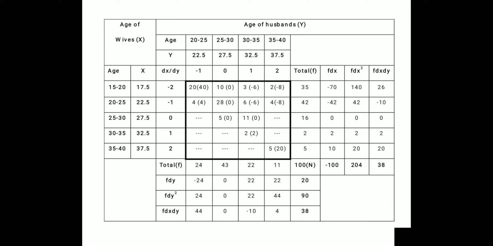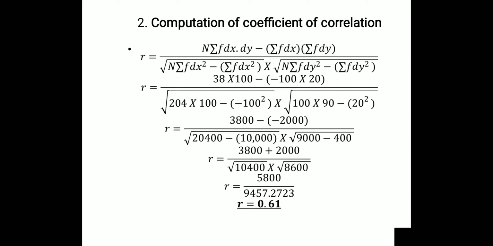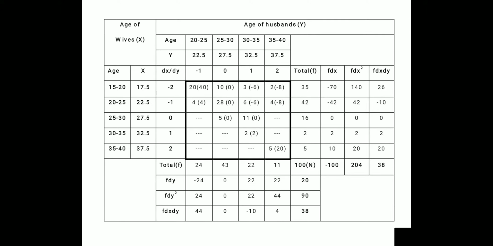So frequency is 35. -70 into the deviation of x will give us the f dx square, that is squaring the dx only and keeping the frequencies as it is. So f dx, that is -70 into -2, that will give us 140.